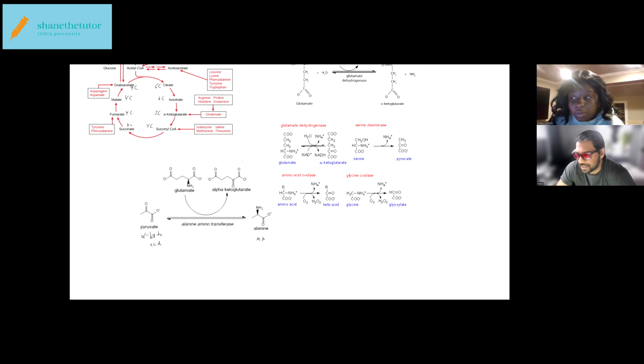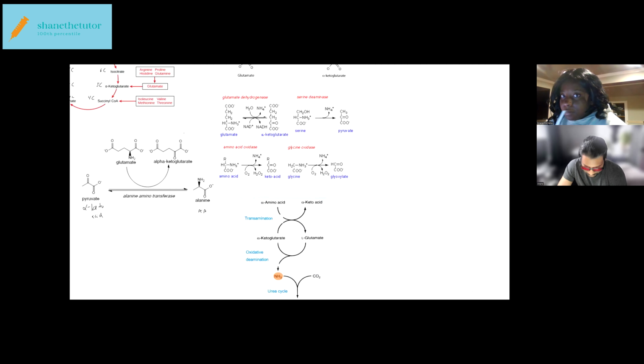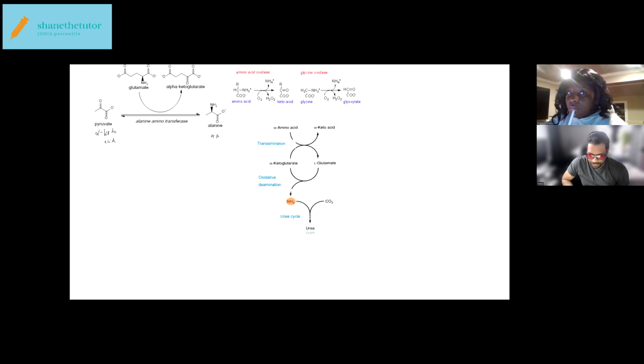So yeah, that's how, and this probably could also help here. So this one you could see alpha amino acid through transamination can turn into the alpha keto acid, and then you can have it turn into, let's say, glutamate, if you go in the opposite direction.